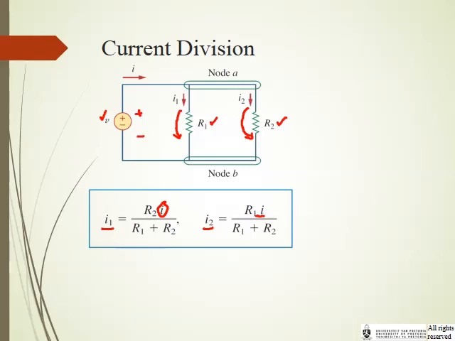They're parallel between nodes A and B. So we can directly calculate I1 simply as the total voltage divided by R1, and similarly we can say I2 equals the voltage divided by R2.